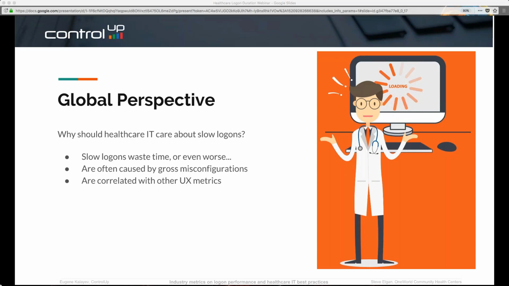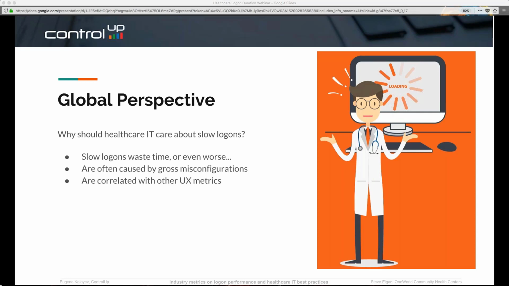Again, especially in the extreme cases when logon duration is really, really high and the delay is long, if you look at the underlying reasons, you discover that sometimes some very strange things happen in the environment and some strange configurations are applied, whether by mistake or because something broke.